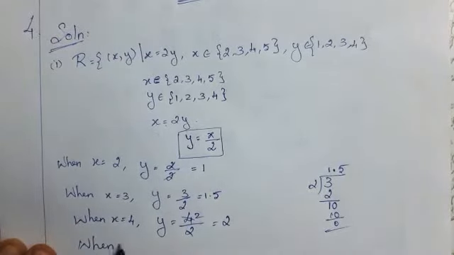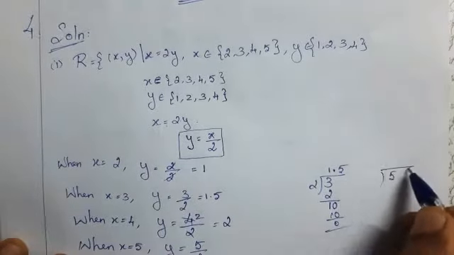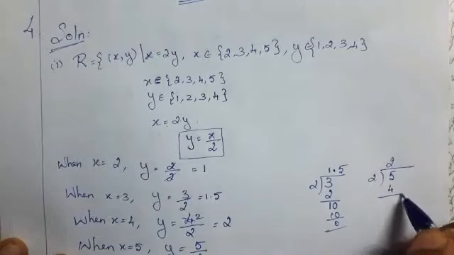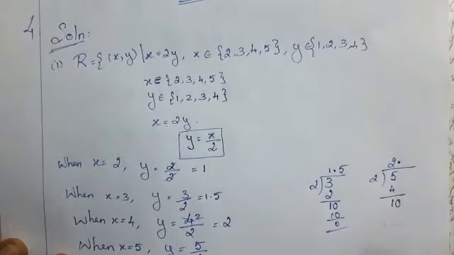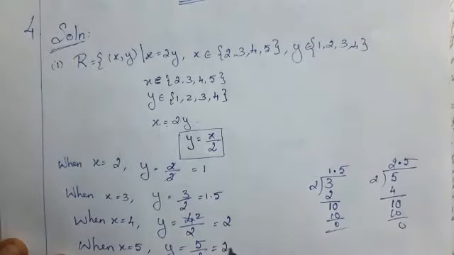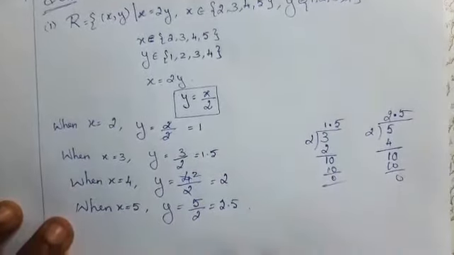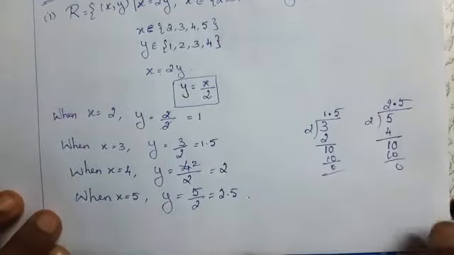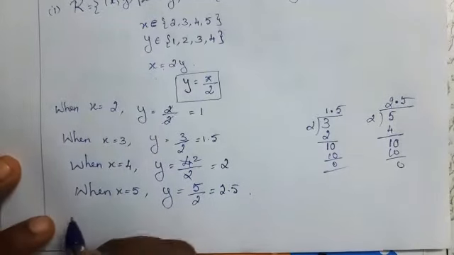When x is equal to 5, here also you can't divide immediately. 5 divided by 2, 2 twos are 4, remainder 1. To continue, put the decimal and put the 0 here. 5 twos are 10. That is 2.5. Now write the relation.